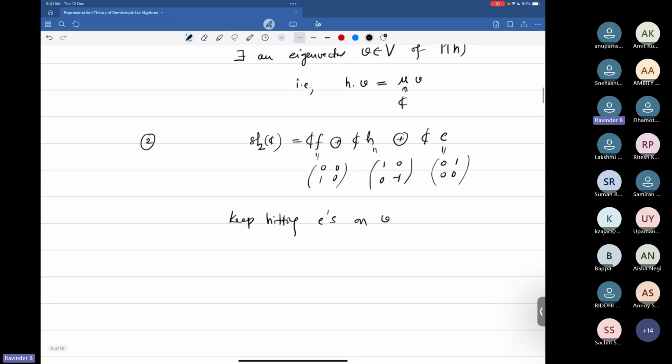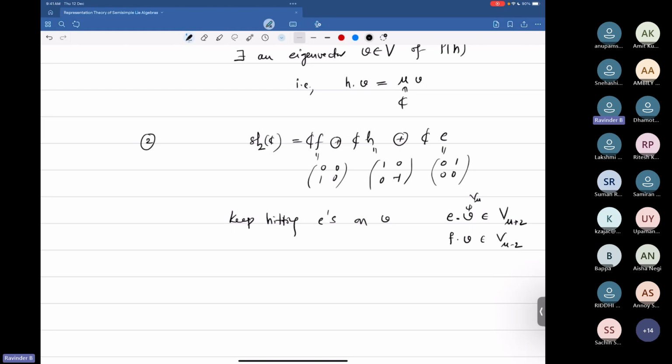What happens when you hit it? If you have a weight space v, then if you act with E, that weight will increase by 2. That's what she did. And if you act with F, the weight will be reduced by 2. So if you keep hitting with E, the weight will keep increasing, and they are all different eigenvalues you are getting.